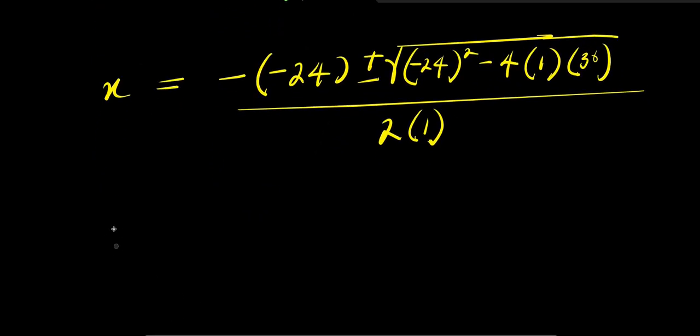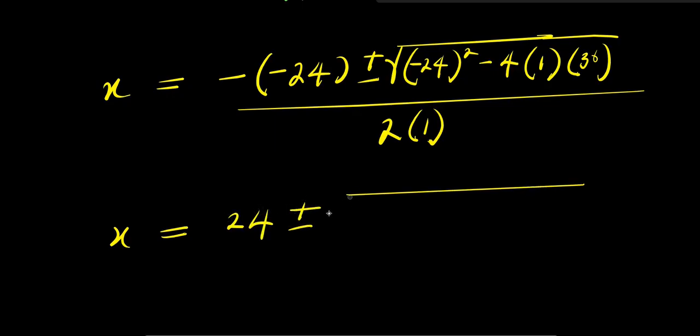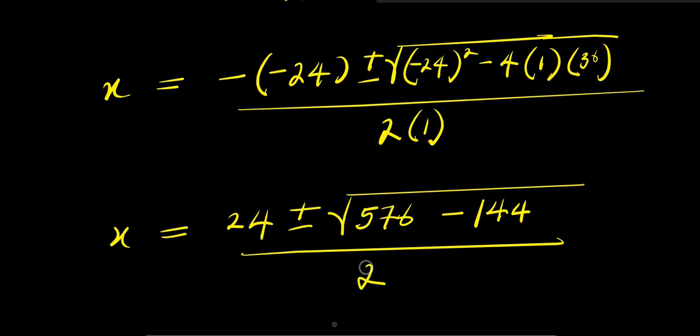So from here, we have x equals 24 plus or minus square root of 24 squared, that is negative 24 squared, that is 24 times negative 24, that is 576. This is minus 4 times 1, 4 times 36, that is 144, so we have 144 divided by 2.